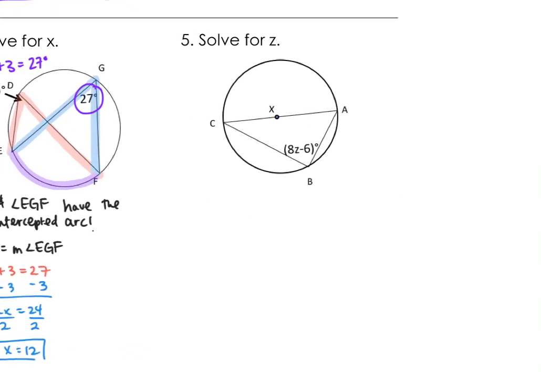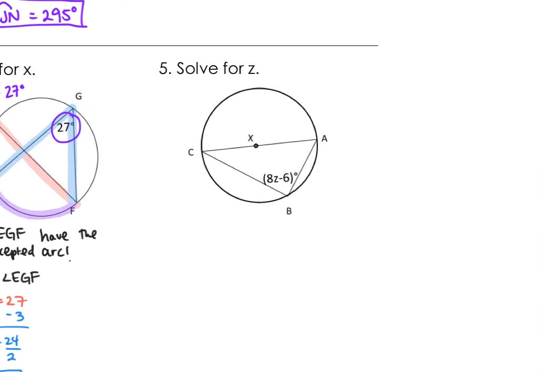All right, number 5, we're solving for z. Z is right here, and it might look like this doesn't have enough information. However, you should notice that CA is a diameter. And when CA is a diameter, it cuts the circle in half.